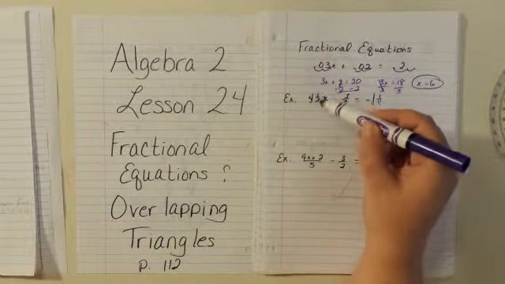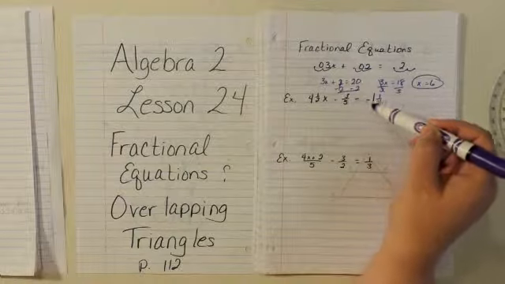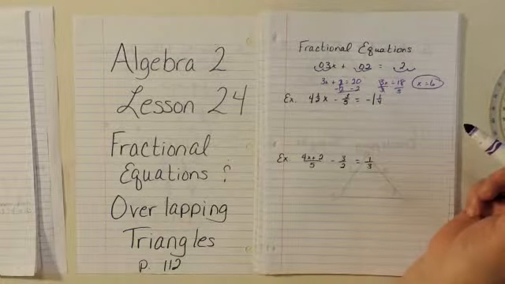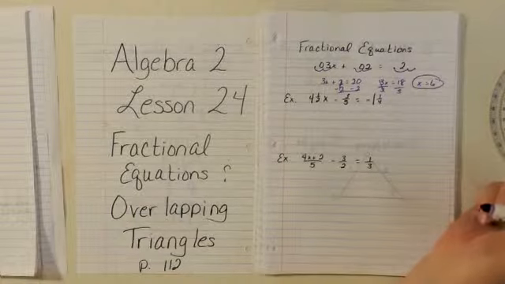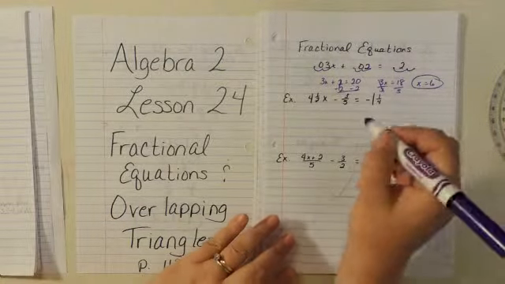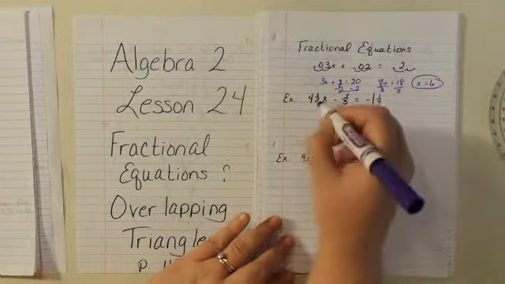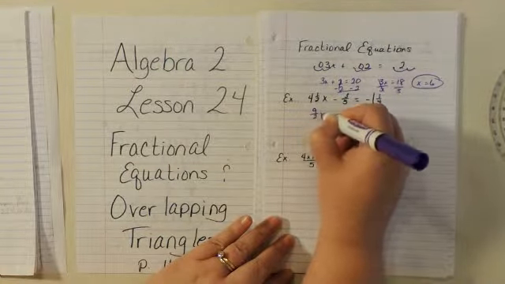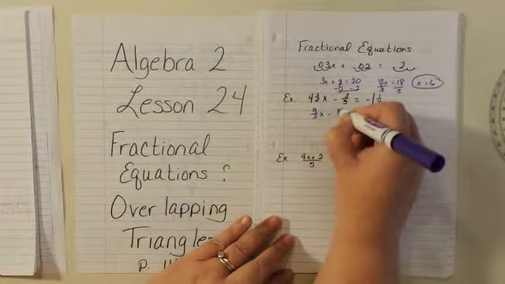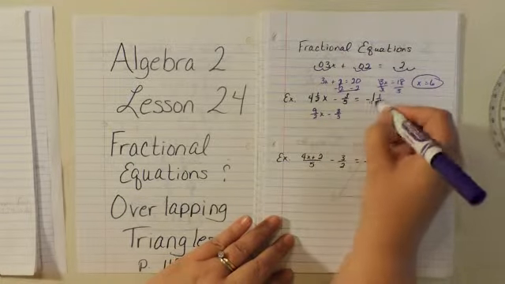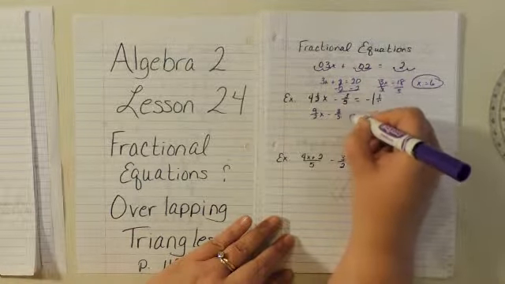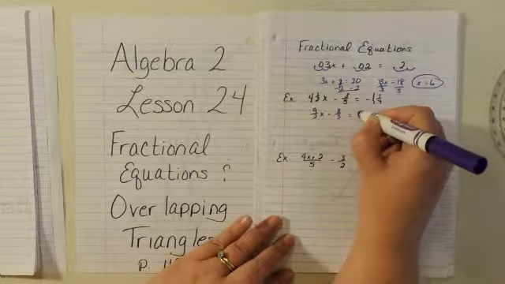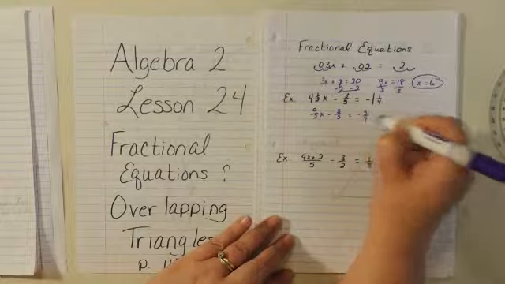So here we have 4.5x minus 3/5 equals negative 1 1/4. If we turn all these into improper fractions, it looks a little cleaner. You don't have to do this, but it's easier for me to play with numbers when they're all improper fractions instead of mixed fractions. So that'll be 9/2 x minus 3/5 equals negative 5/4.